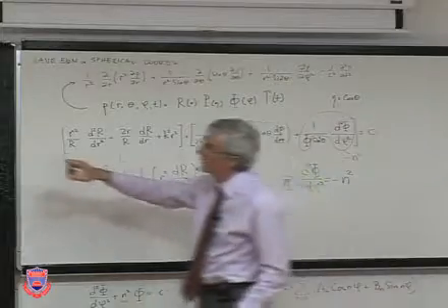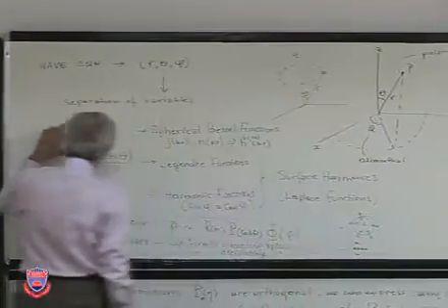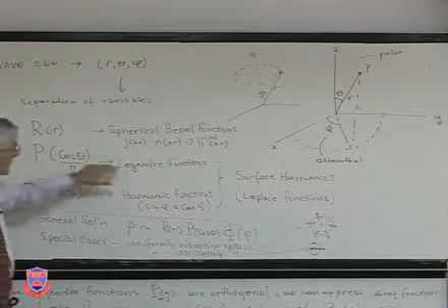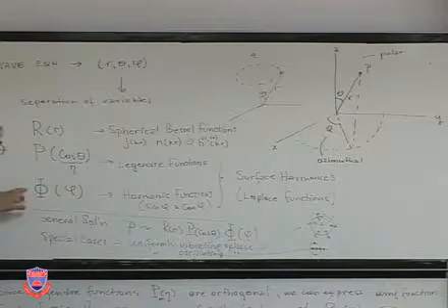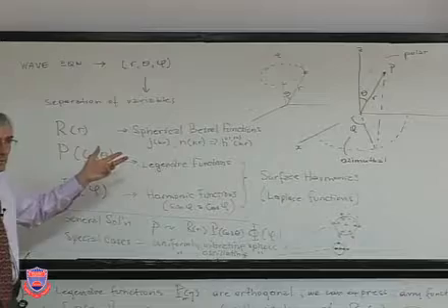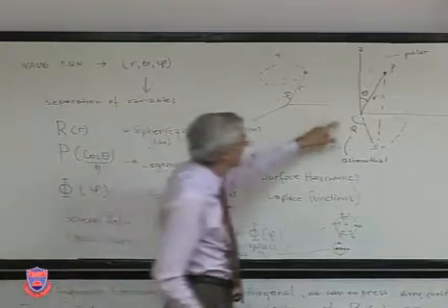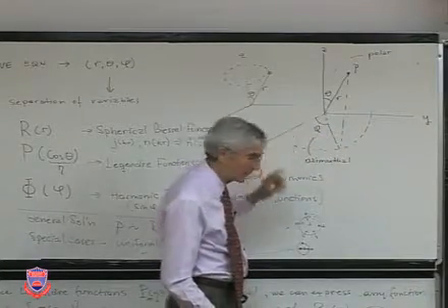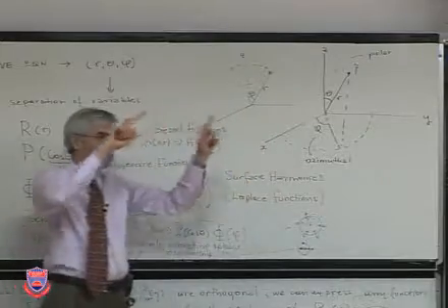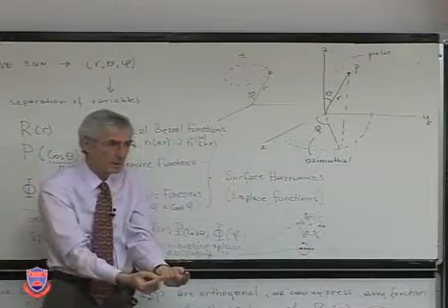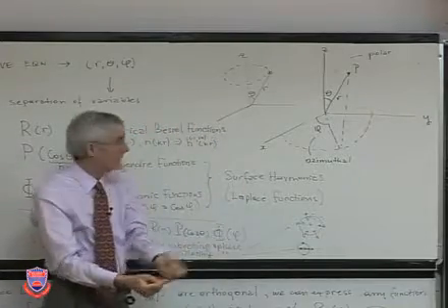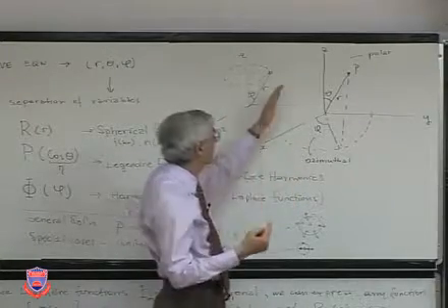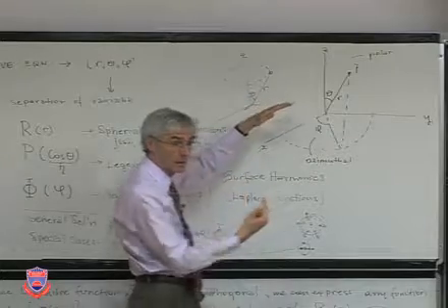We said the angular components will give us 1, Legendre functions, which you have just seen, and 2, harmonic functions, which are very straightforward. The harmonic functions define an angle on the xy plane. What does that also mean? It will also be the meridians on a sphere, the longitudes. Whereas the polar coordinates will give you the parallels. You change the angle, you have another parallel on the spherical surface.